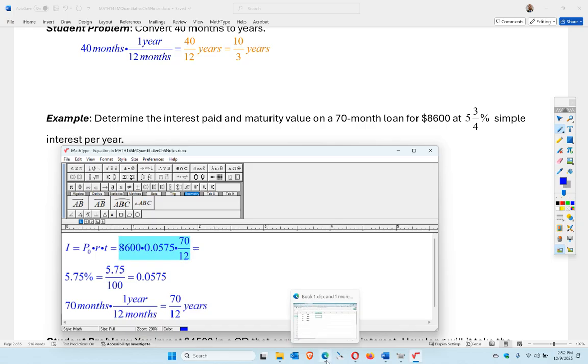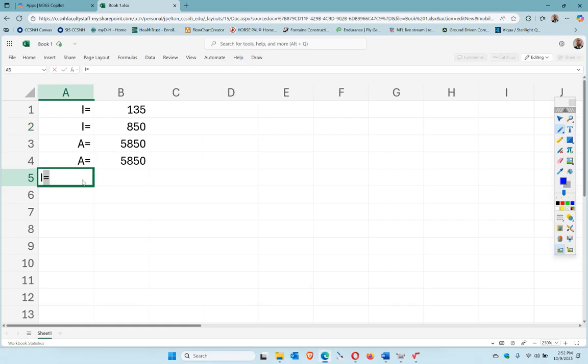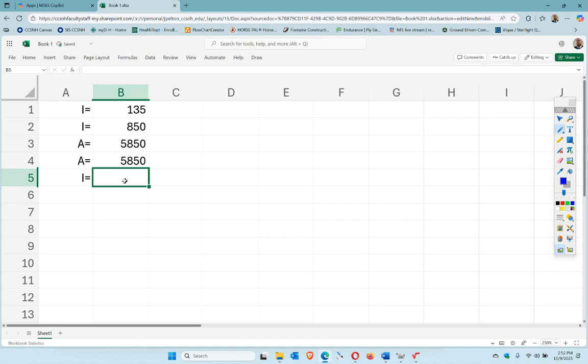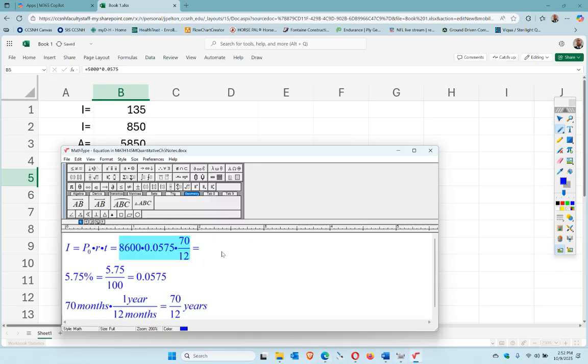So I'm going to go to our spreadsheet and do equals, okay, and then shift that to the right. Okay, so it was equals to equate, right? Because if you don't put the equals, it won't equate. It'll just print whatever you type. 5,000 times the 0.0575, right? Is that the correct one? Let's double check. 575. Then we have the 70 twelfths, right?